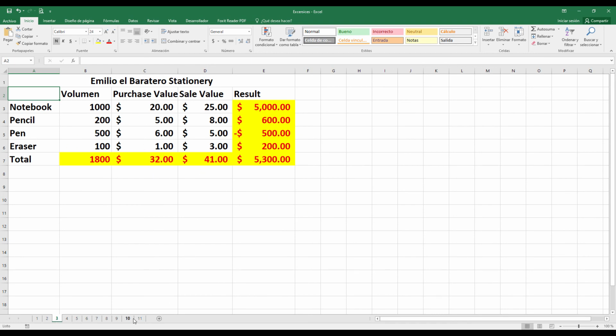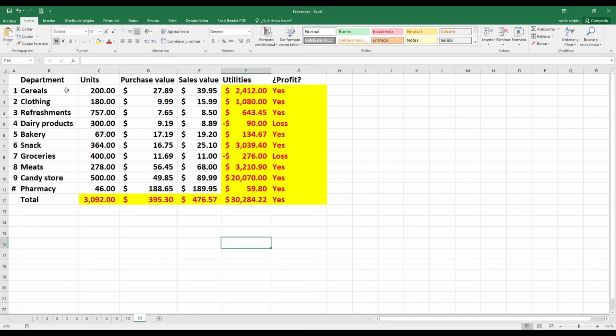Well, you bought 200 cereals at 27.89 pesos. Yes, and you will sell those cereals at 39.95 pesos. So what is your profit? Okay, what is your profit here?